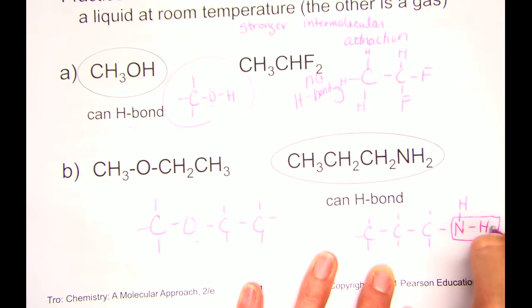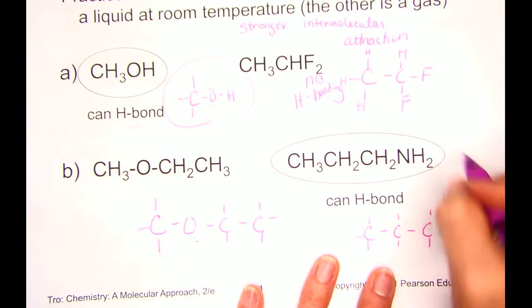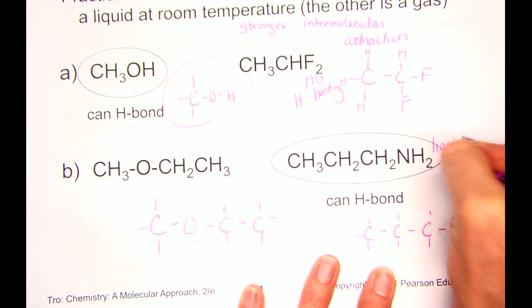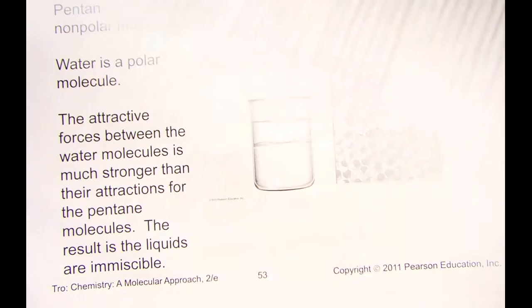Clearly, I see a hydrogen attached to an electronegative element such as nitrogen, and hydrogen bonding can form. Therefore, this would be a liquid at room temperature. The hydrogen must be attached to either an N, an O, or an F, so that between the molecules we can set up hydrogen bonding.